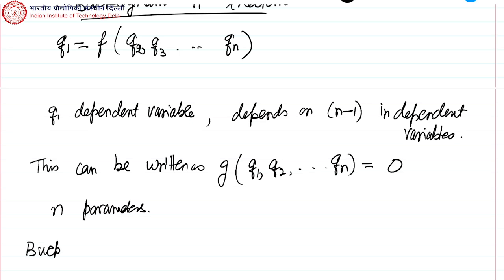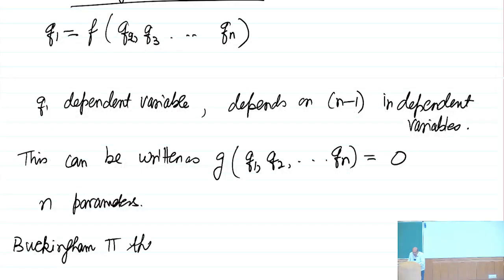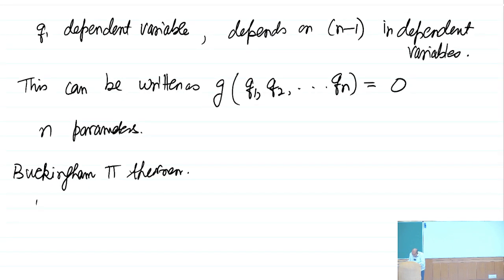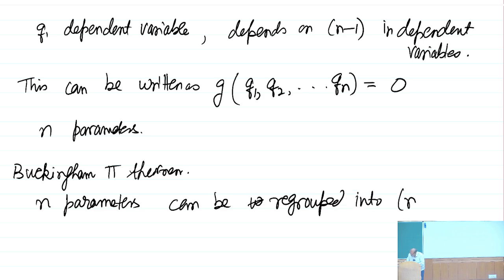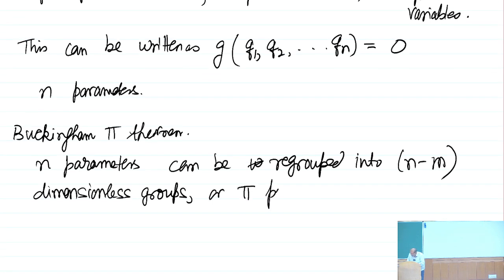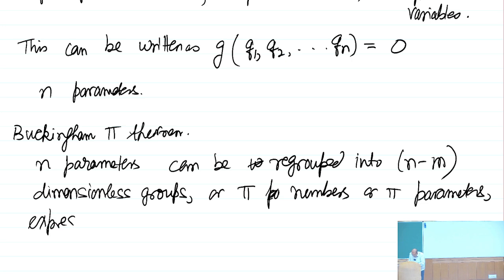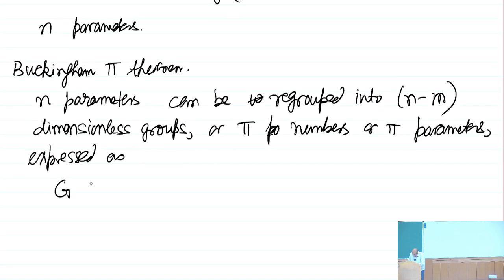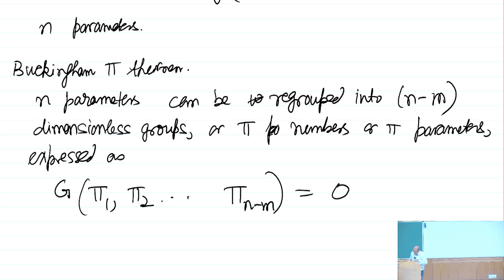Now what the Buckingham Pi theorem does is, it says these n parameters can be regrouped into n minus m dimensionless groups, and these are also called pi numbers or pi parameters, expressed as capital G of pi 1, pi 2 up to pi of n minus m is equal to 0.